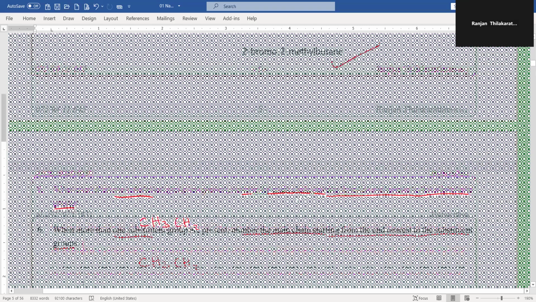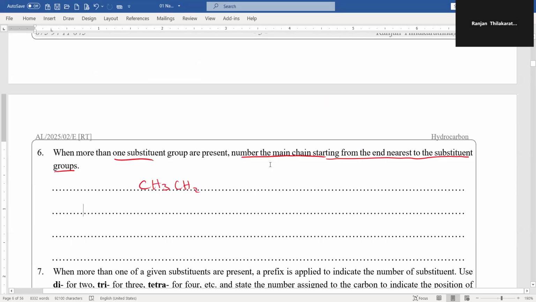But when we have more than one substituent group, number the main chain starting from the end nearest to the substituent which is named first.